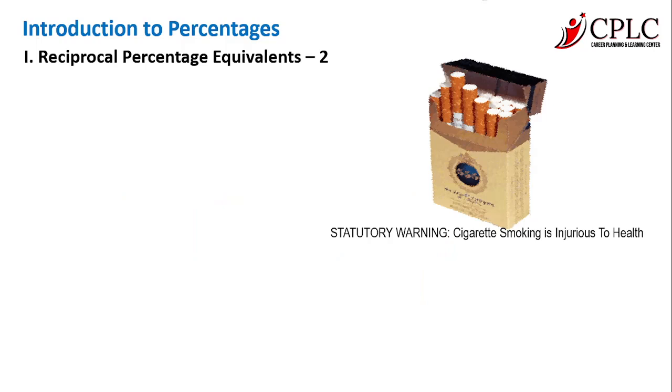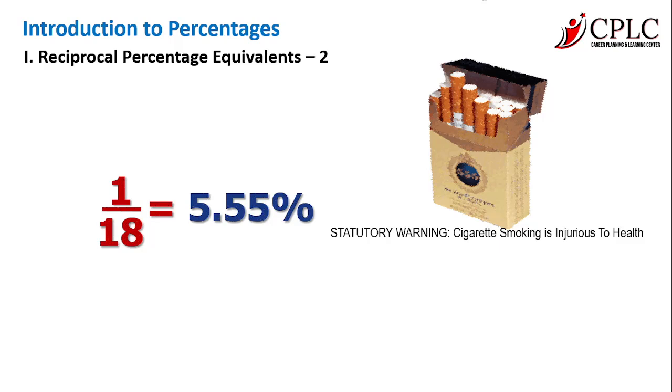The percentage of 1 by 18 is 5.55%. The reason I like to remember this number is very simple. If you remove the decimal, you get triple five, 555, and that is slightly easier to remember as a number.